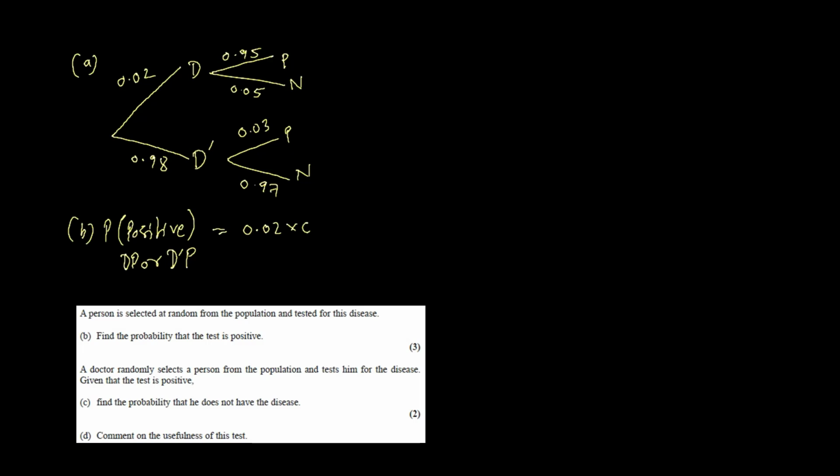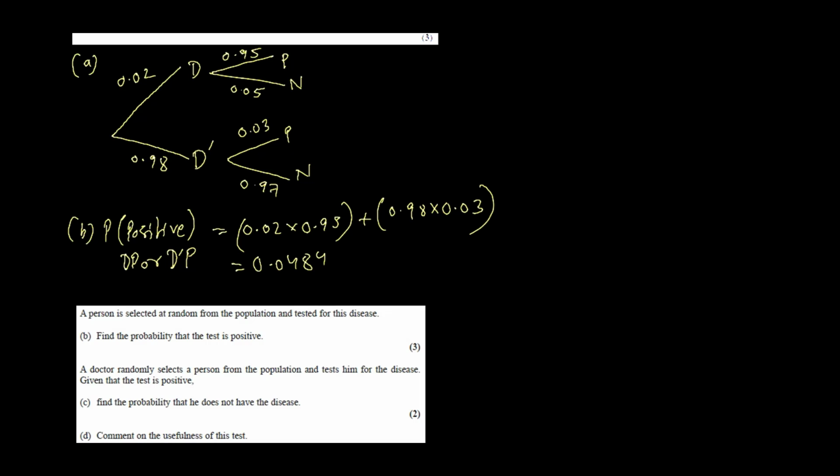So D prime and P. So D and P is 0.02 times 0.95, or D prime and P is 0.98 times 0.03, which gives 0.0484.